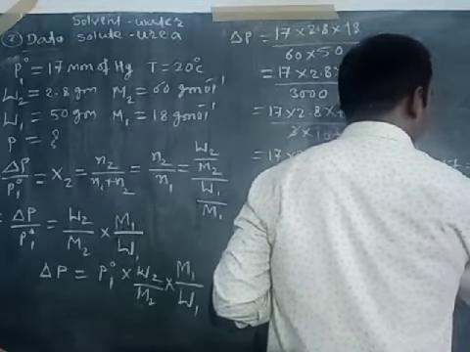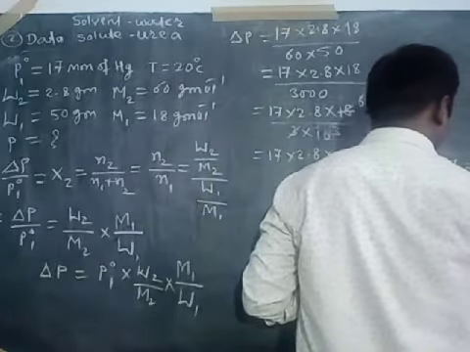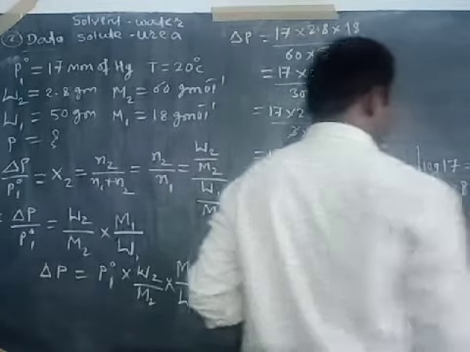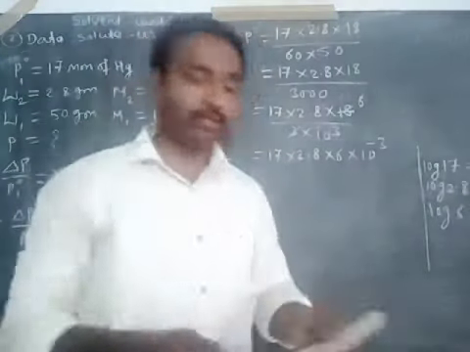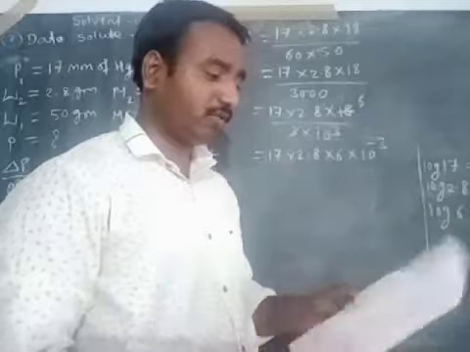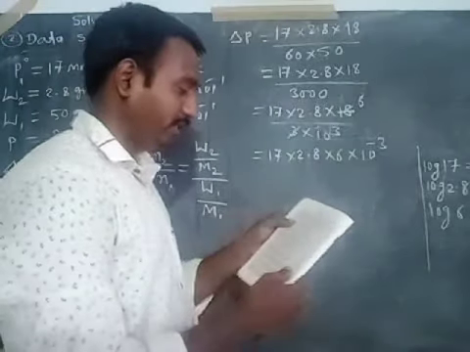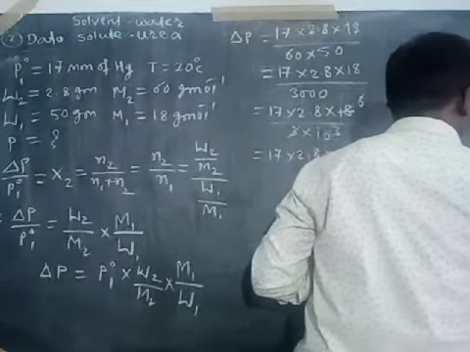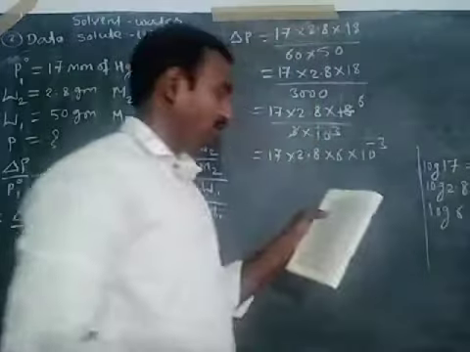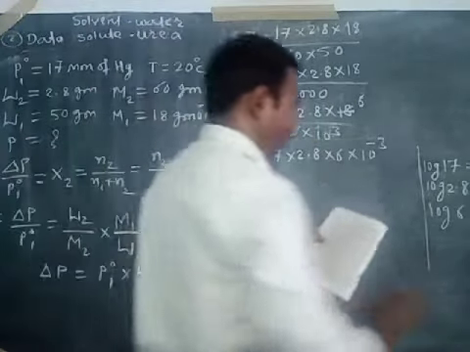Here the characteristic of 17 is 1, the characteristic of 2.8 is 0, and for 6 also 0. Then go for the log calculation. Take your log table. In the logarithm table, log of 17 is 2304. And log of 2.8 has value 4472.